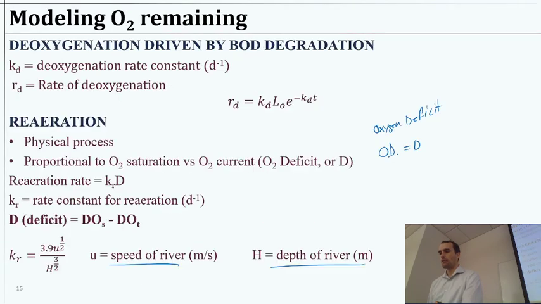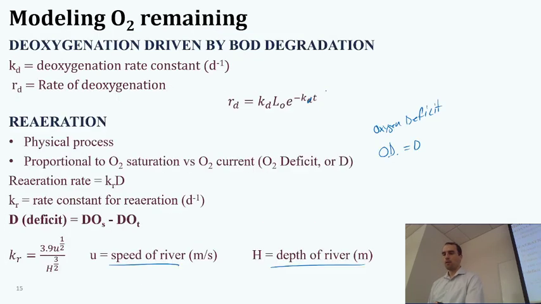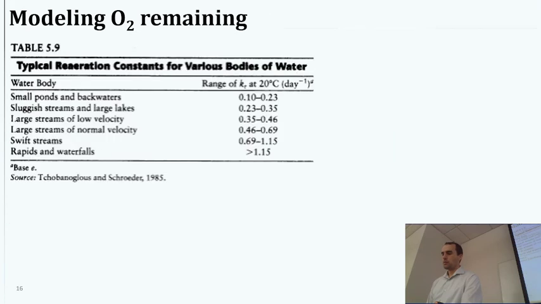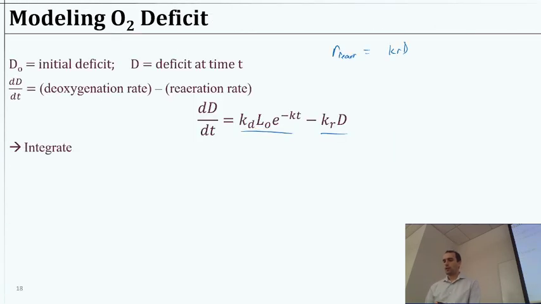I think that's probably the K from our BOD rate constant. So I'm going to double check and clarify that. I'll correct the notes, and I will also let you know on Thursday about that. So I think this version is correct. Okay. And so the rate of reaeration, if we write it out as a rate, is KRD.